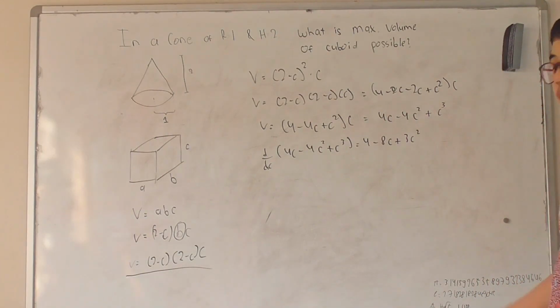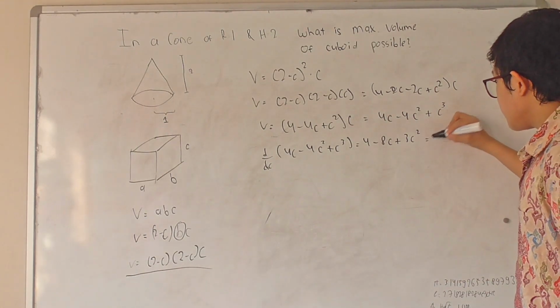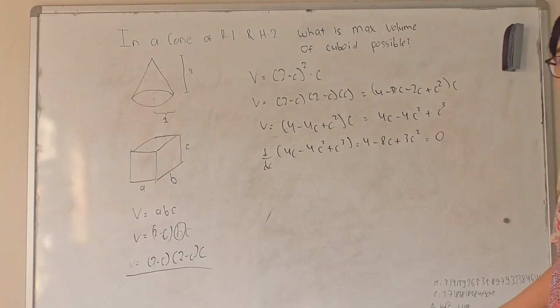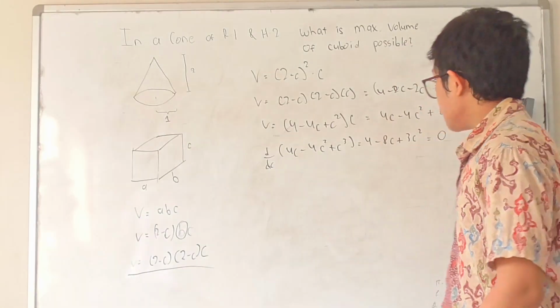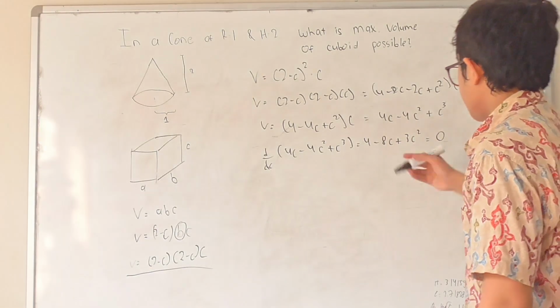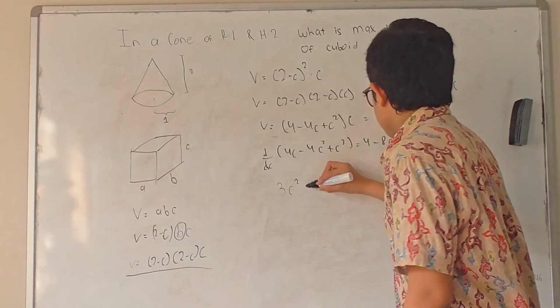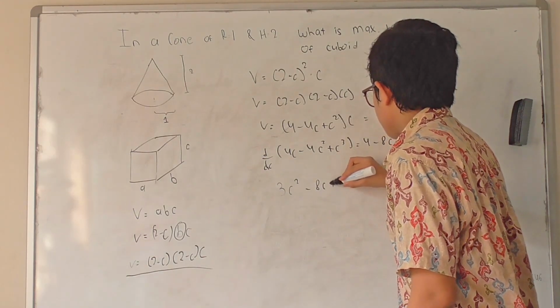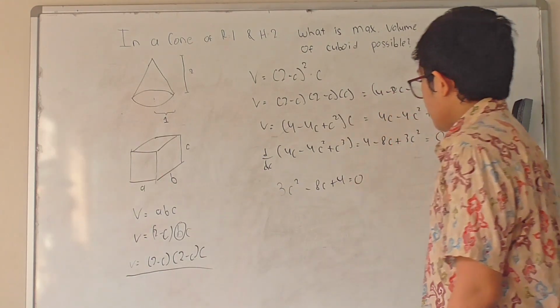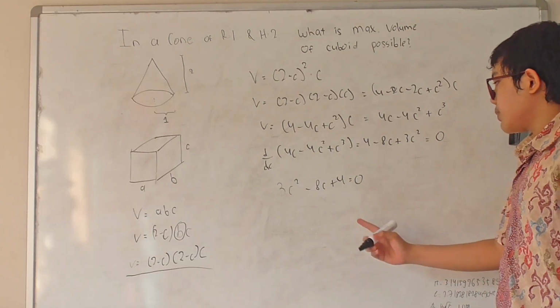To find its critical point, we set this derivative equal to 0 and solve. This can be written as 3C squared minus 8C plus 4 equals 0, and then we can use the quadratic formula.